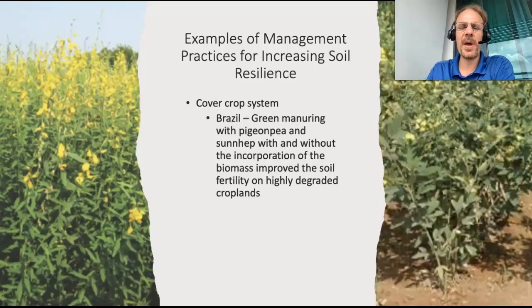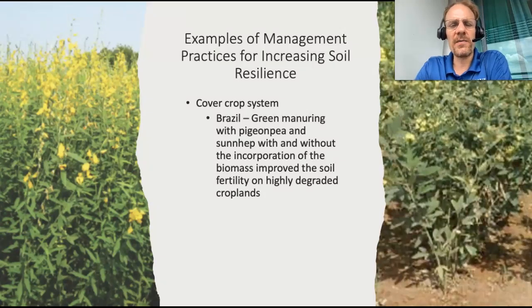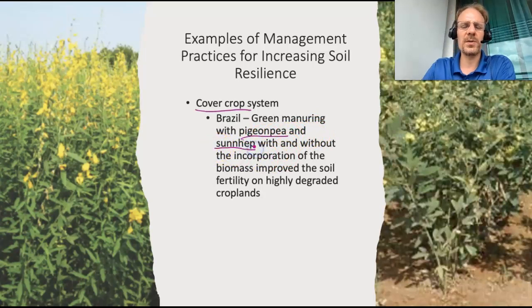So an example of a management practice that has increased soil resilience in Brazil is using cover crops. The cover crops they have been using are pigeon pea and sun hemp, which were both presented by students recently in the papers they submitted as part of our cover crop system. By using these cover crop systems, we're increasing the biomass.